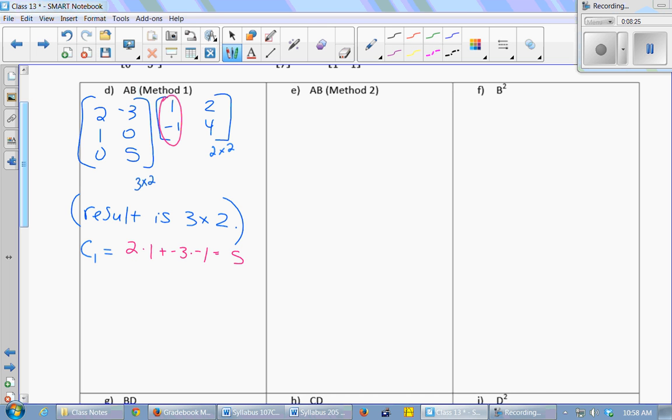Then you do the next row, multiply by the vector. 1, 0 times 1, -1. Then the last row, 0, 5 times 1, -1: 0 times 1 plus 5 times -1 is -5.